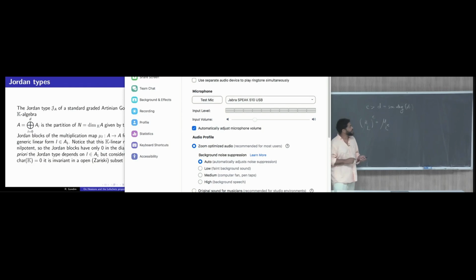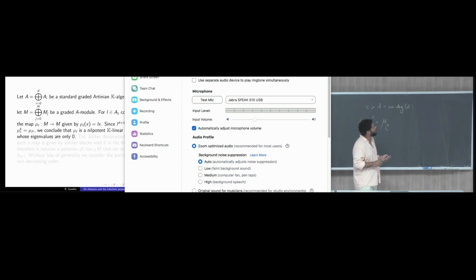To be more precise and a little bit more general, let A be a standard graded Artinian K-algebra, and let M be a graded A-module, and L a linear form in the algebra.